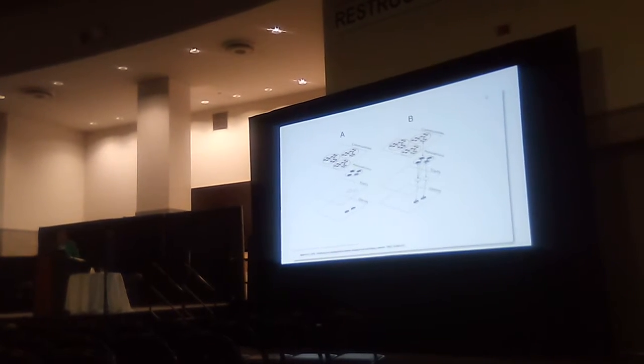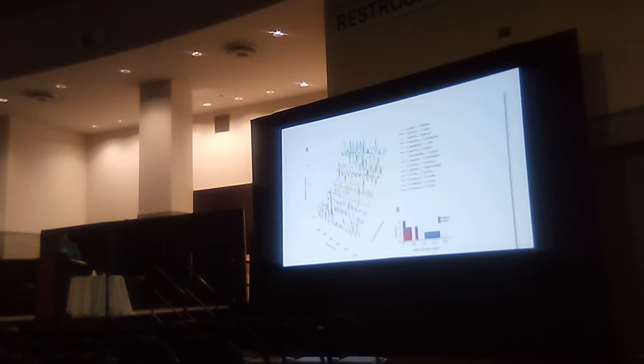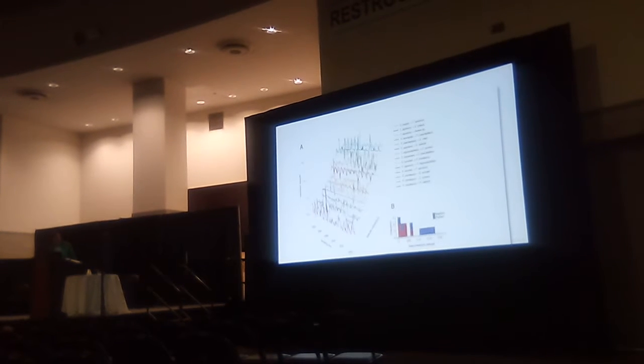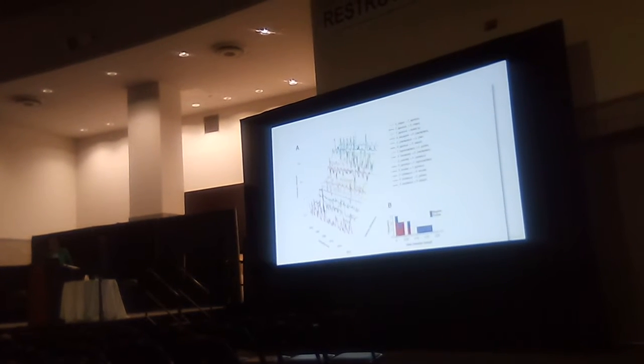I'm going to now go through a couple of examples. This is a recent paper published in Nature by an international team where they show you have 3 axes here: the sampling time, the interaction strength, and the pairwise interactions among many species.